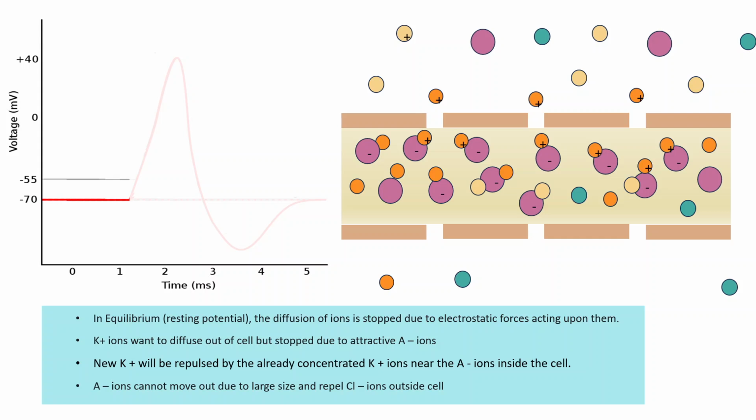Why? Because they are attracted by the negative protein inside the cell. Meanwhile, new potassium or sodium ions that want to enter the cell due to their low concentration cannot, because they are repelled by the positive potassium ions. Negative ions cannot move outside the cell due to their negative charge, and they also repel chloride ions. Cool. This is the resting potential state.